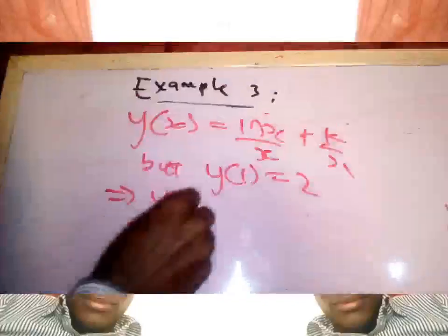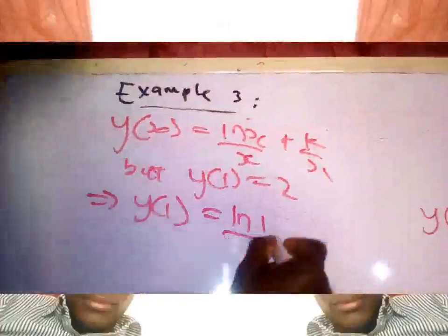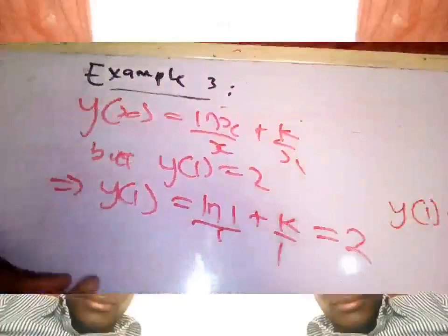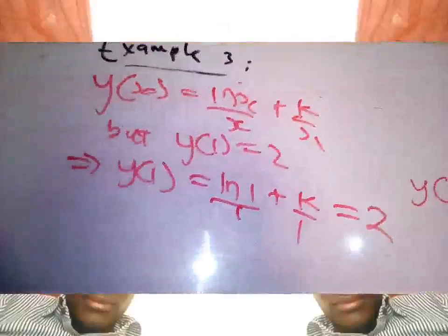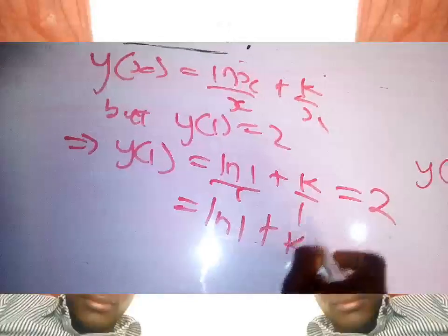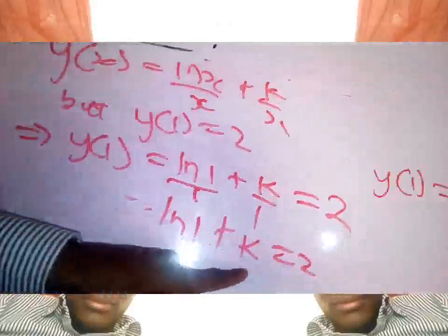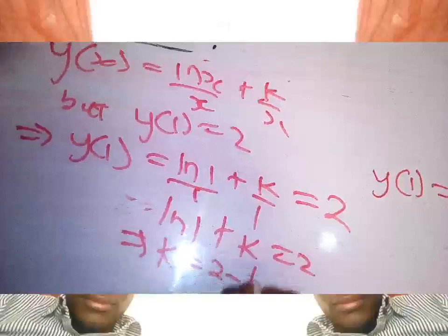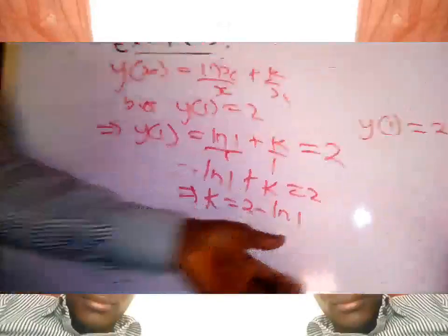This implies y of 1, substituting here, wherever you see x, put 1: ln 1 over 1 plus k over 1 is equal to 2. Now remember, this one is ln 1 plus k equals 2. Our aim is to get k, so k is equal to 2 minus ln 1. But remember, ln 1 is 0.